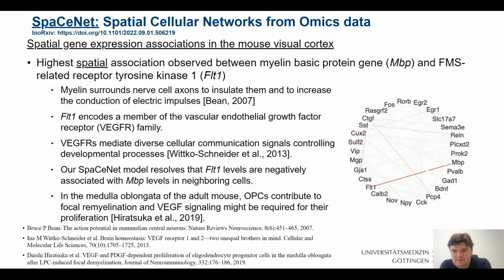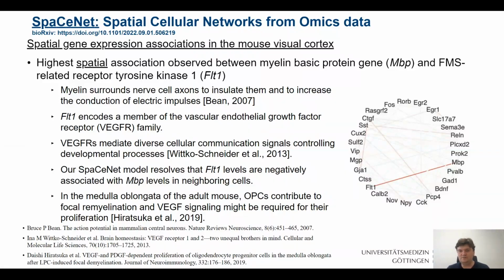Now SpaceNet resolves that, if I consider a specific cell, FLT1 levels are negatively associated with MBP levels in neighboring cells. That's a kind of statement SpaceNet provides us with.